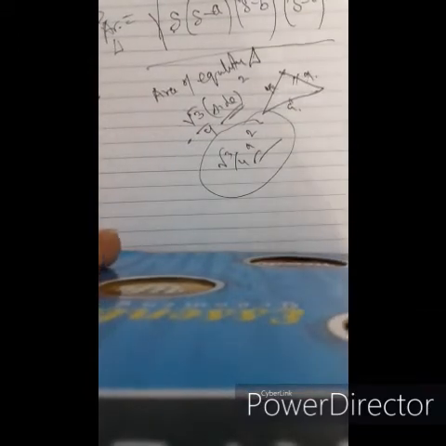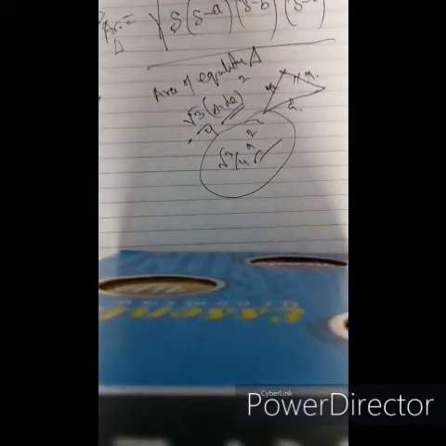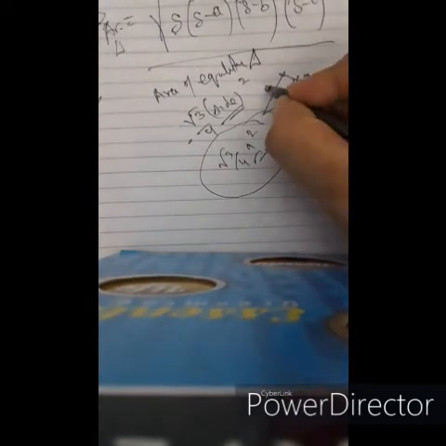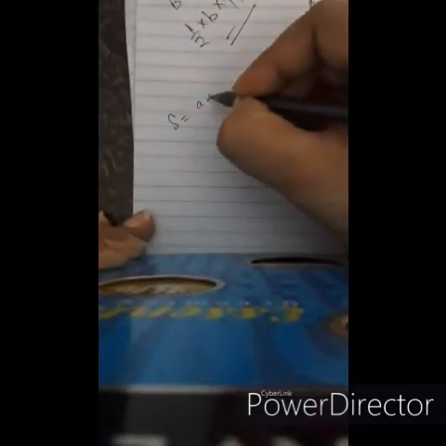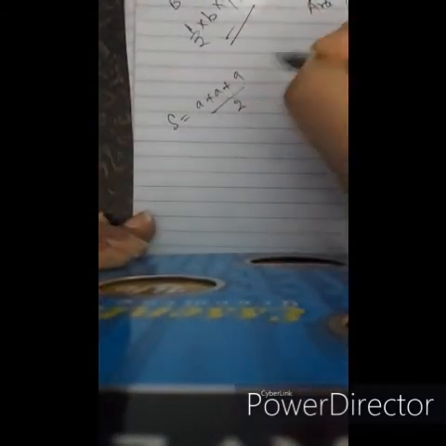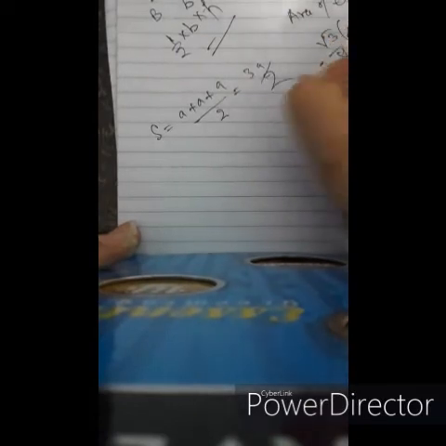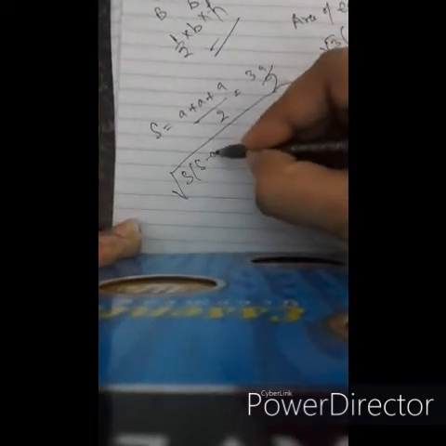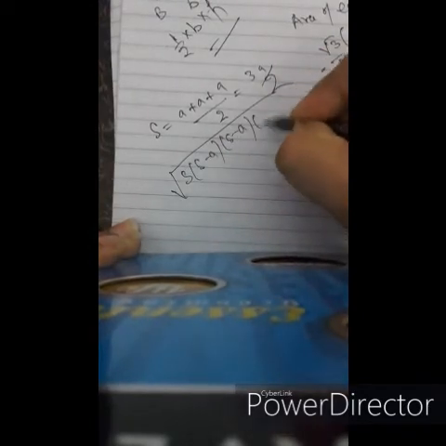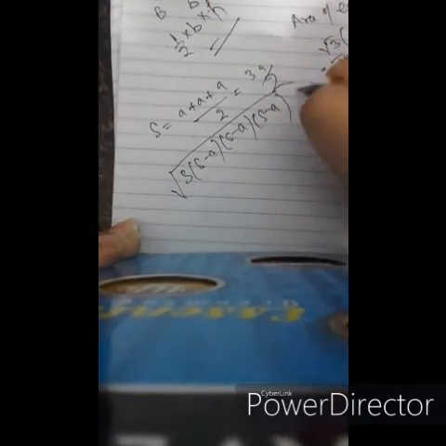a is the side of the equilateral triangle. All the sides are equal. So the semi-perimeter of an equilateral triangle becomes a plus a plus a by 2, that is 3a by 2. Now substituting in Hero's formula we get S into S minus a, S minus a, S minus a, because all three sides are a only.